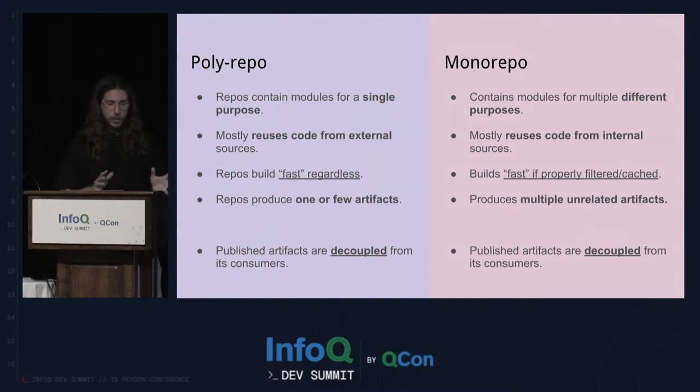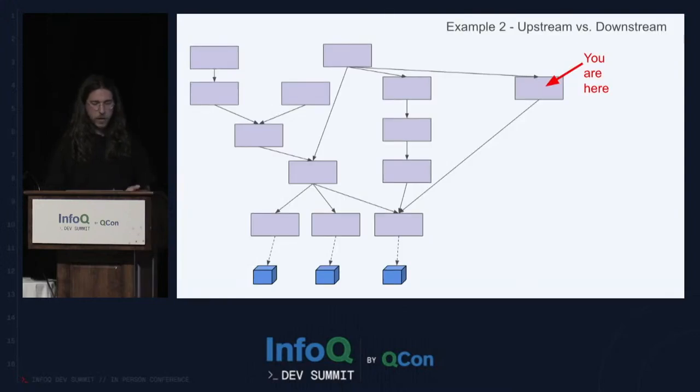Good. So I think we can move to the second example, where we have a better understanding of the way I'm presenting Polyrepo versus Monorepo. And this next example has to do with the concepts of upstream and downstream. Many of you may be familiar with it already, especially if you're in a Polyrepo setting.